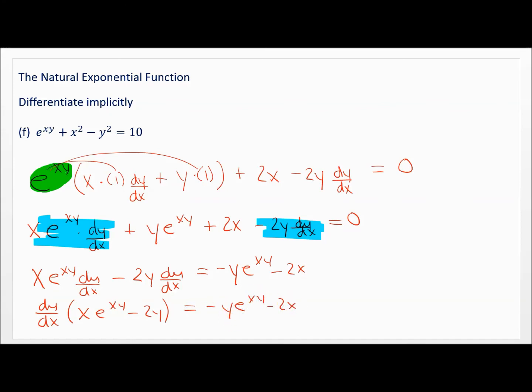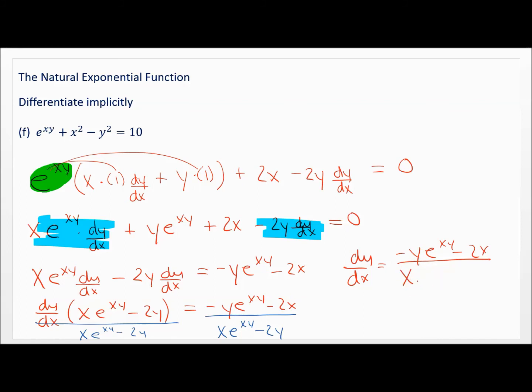My final step is to divide both sides of my equation by this x e to the xy minus 2y. So I get a final answer of dy over dx equals negative y e to the xy minus 2x, which was already in the numerator on the right, and now in blue, what's below it in my denominator, x e to the xy minus 2y.